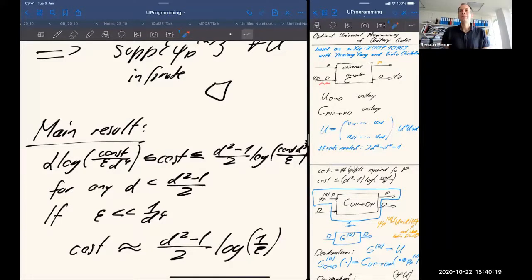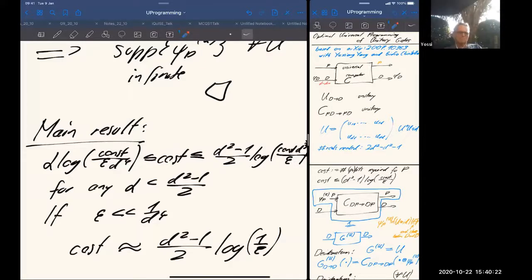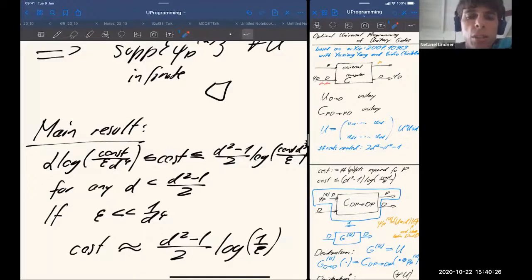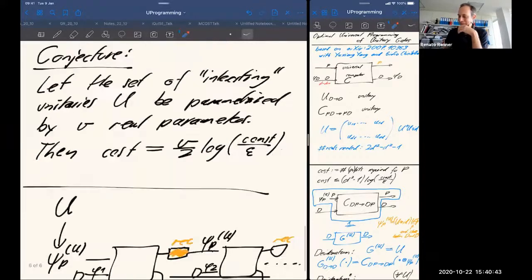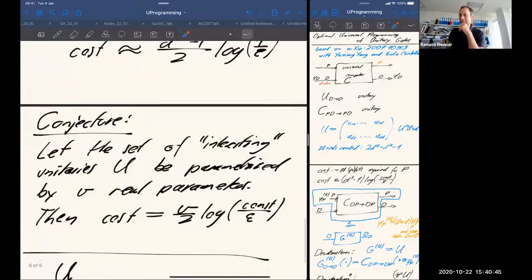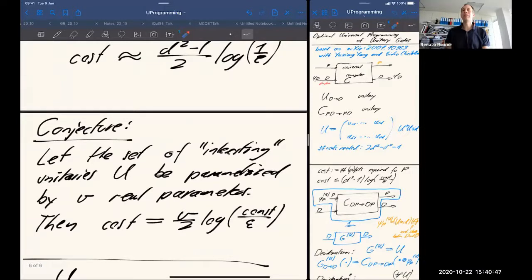More questions? I have a question, Renato, regarding this conjecture. In this conjecture, do you assume or think about the set of unitaries as some continuous set with parameters? Yes, that's right. It would of course be nicer to even have a statement about some discrete set.